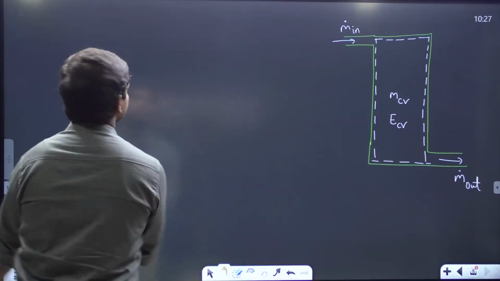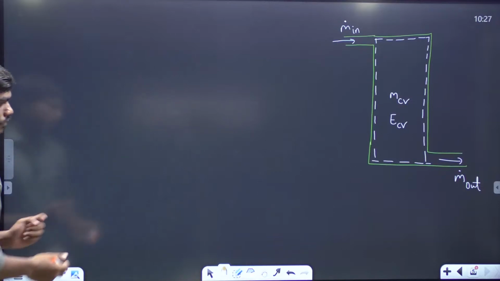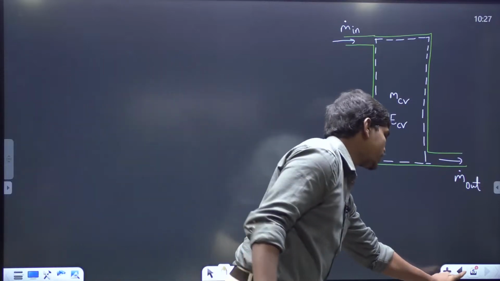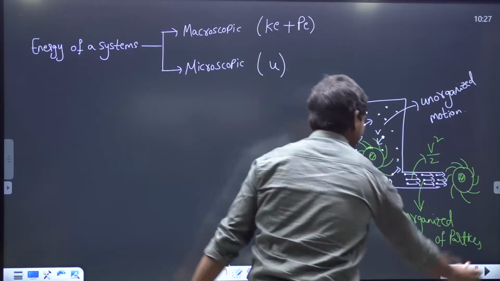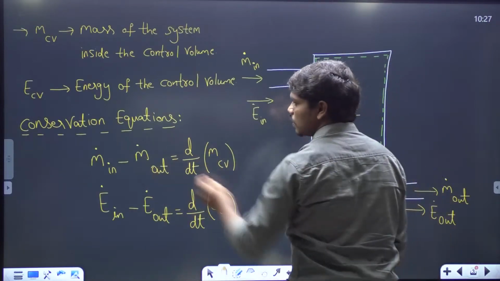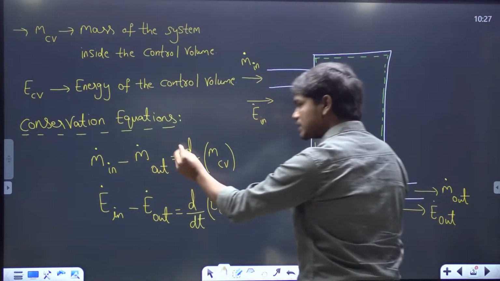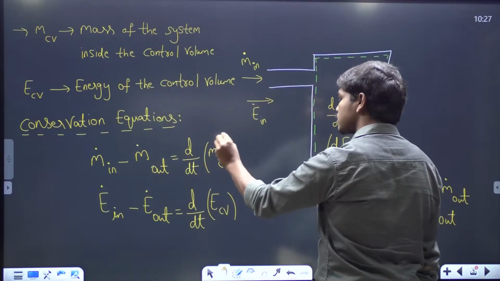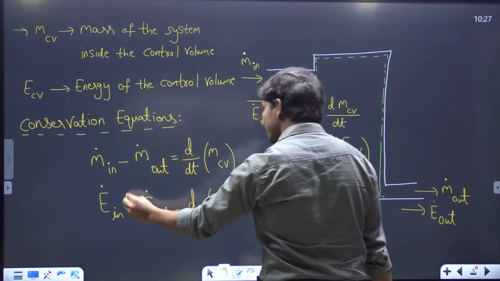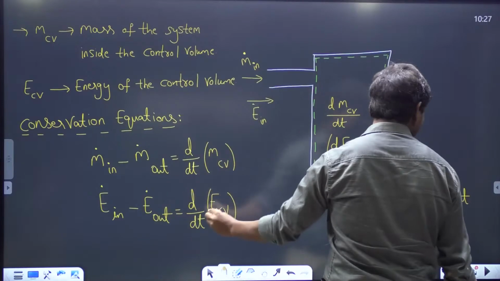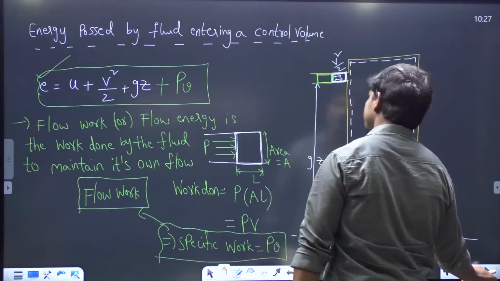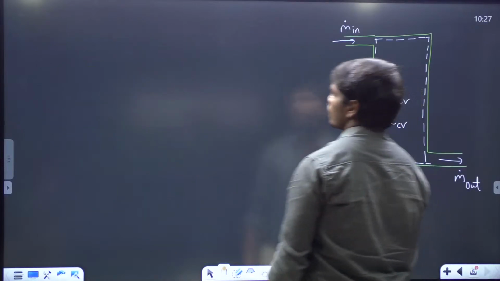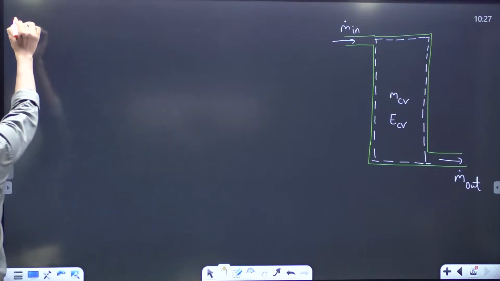Okay, so see here. If you look at the energy conservation equations that we derived at this point, mass flow rate in minus mass flow rate out is equal to the change in mass of the control volume, and energy flow in minus energy flow out is equal to the energy change in the control volume. So let us write the equations.